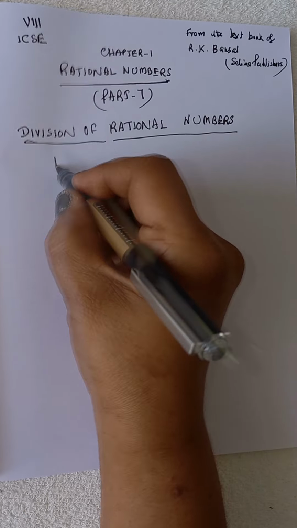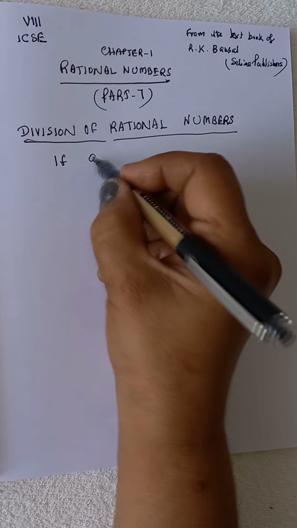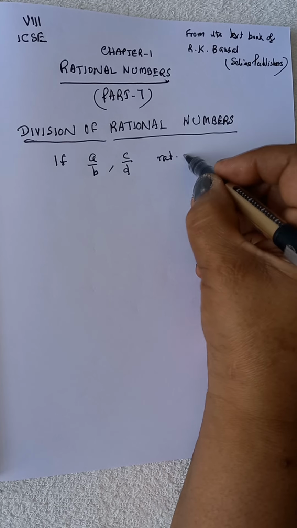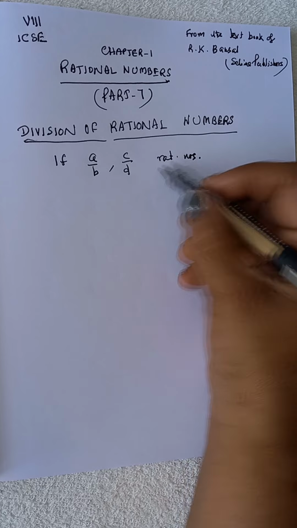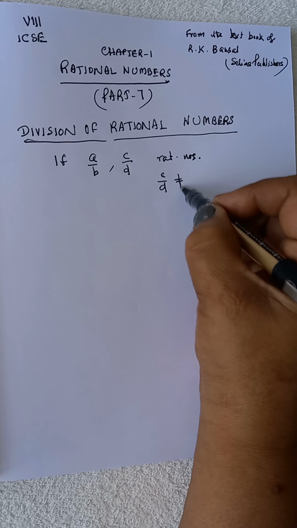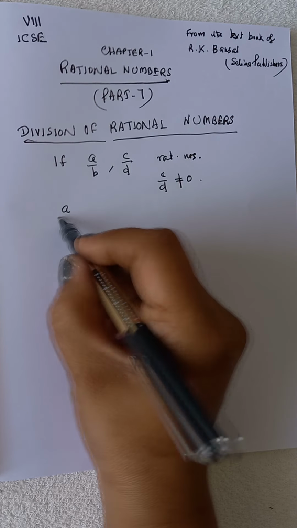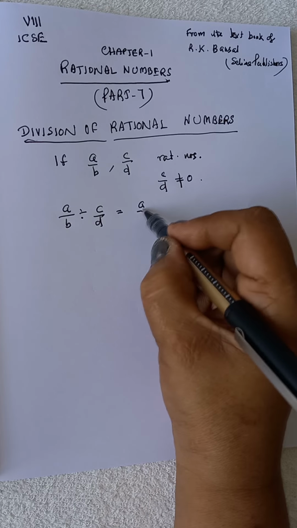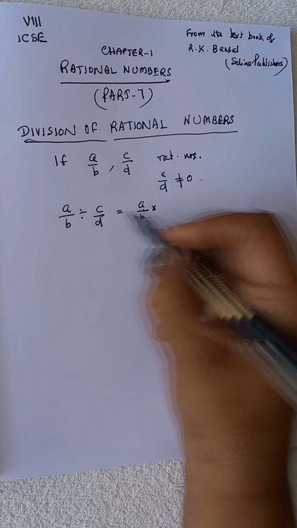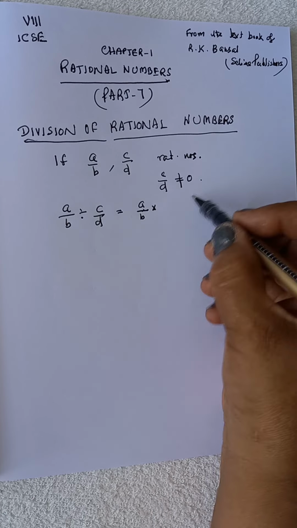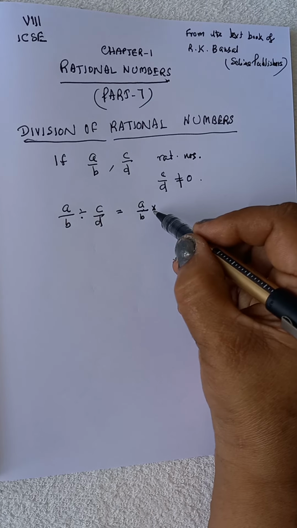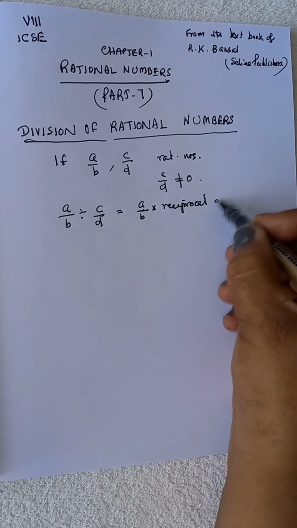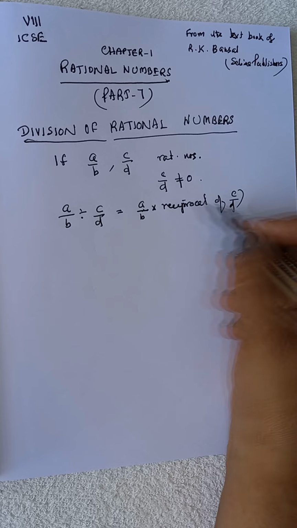Here, if A by B and C by D are any two rational numbers and C by D is not equal to 0, then A by B divided by C by D can be written as A by B into the reciprocal of C by D. What is the reciprocal of C by D?